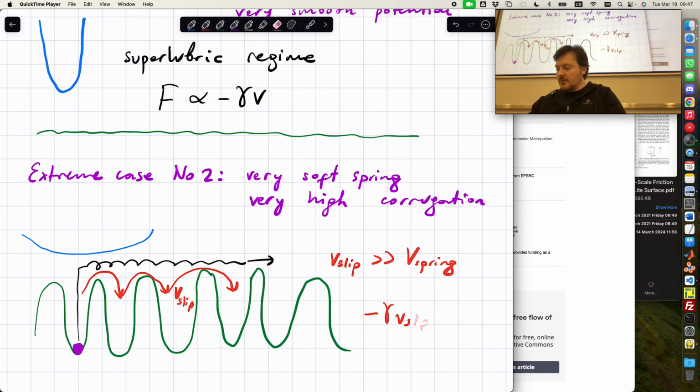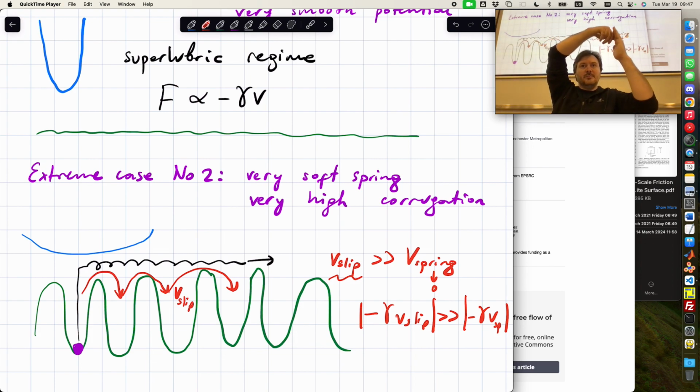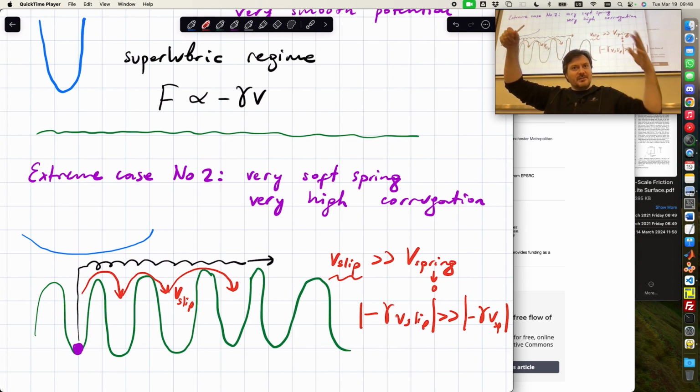So it will be, first of all, much larger in magnitude than minus gamma v. And as you take v spring to 0, this will not be affected because it has nothing to do with that one. But no matter how slowly you approach this, once it's enough for this part, it will just move really fast.